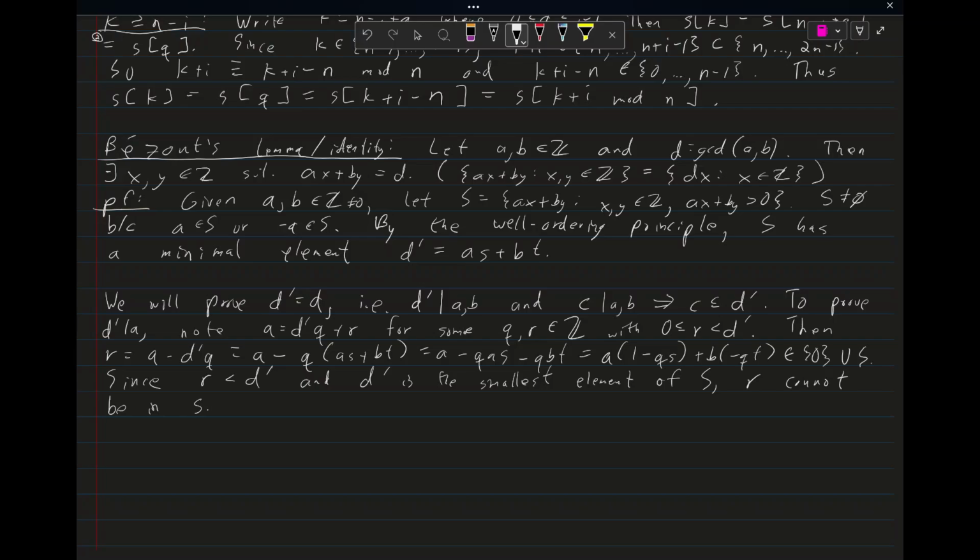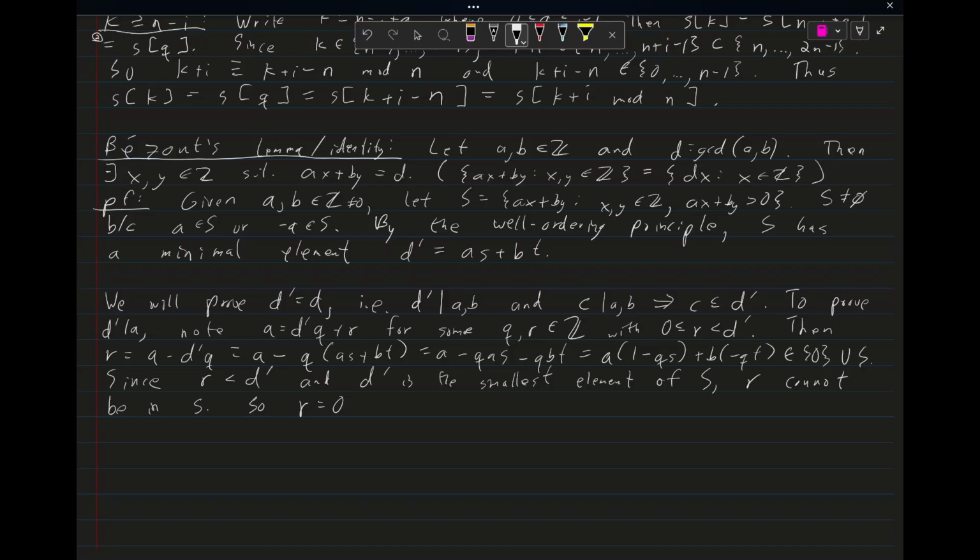Okay, so that means precisely that R equals 0. Because we said at the beginning that R was either 0 or an element of S, and it cannot be an element of S, so it has to be 0.